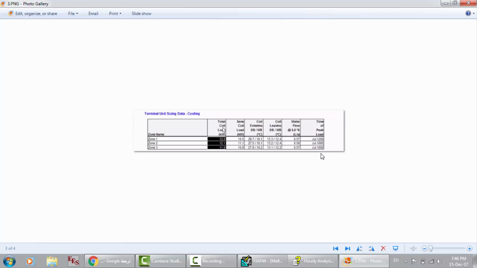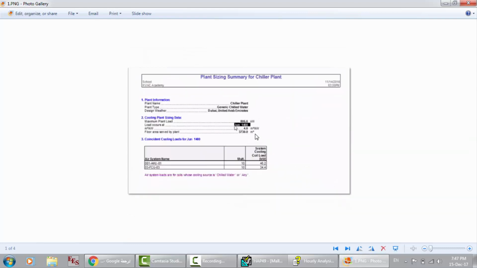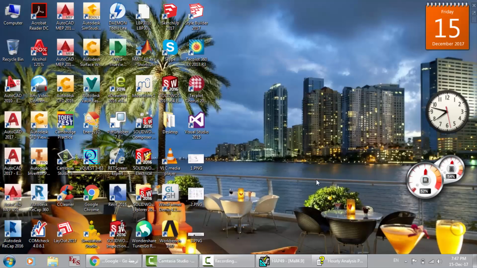Okay, that's why here is the total 36 kilowatt, but for the plant we only need 34.4 kilowatt. Why? Because the peak of the plant is different. Okay, and the multiplier here is 10 multiplied by this value and plus 10 multiplied by this value will give you the total or the maximum plant load. That's it.